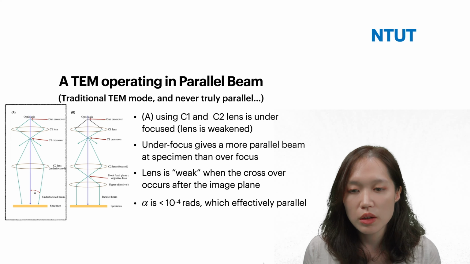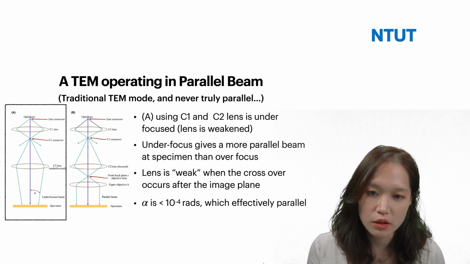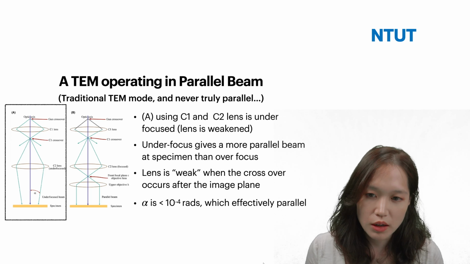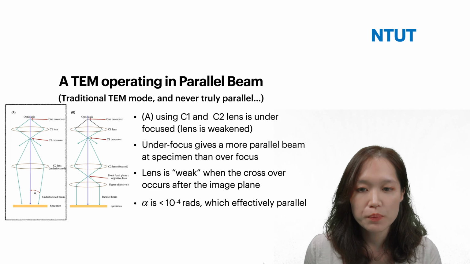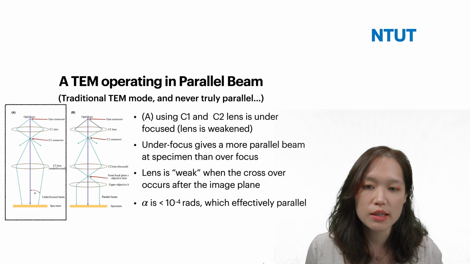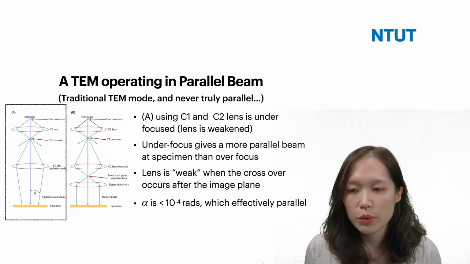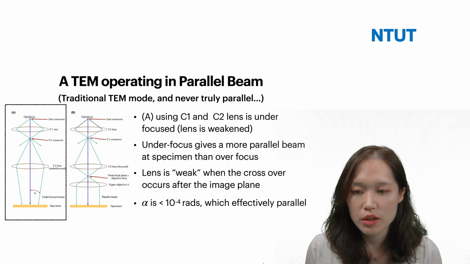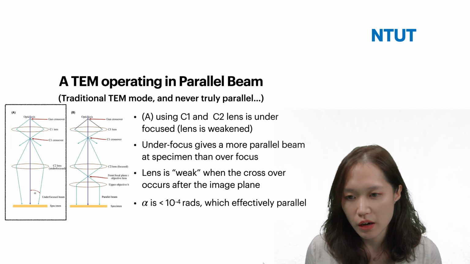So we call the lens weak when the crossover occurs after the image plane. If it's strong, the crossover is before the image plane. If it's weak, the crossover is after the image plane. Regardless, we will have an alpha, which is an angle of 10 to the minus 4 radians, which is what we call effectively parallel.